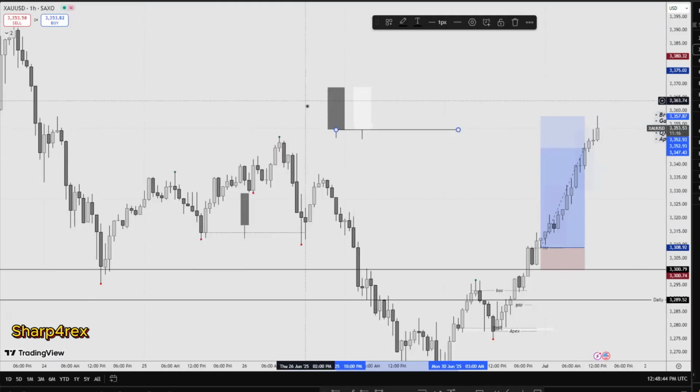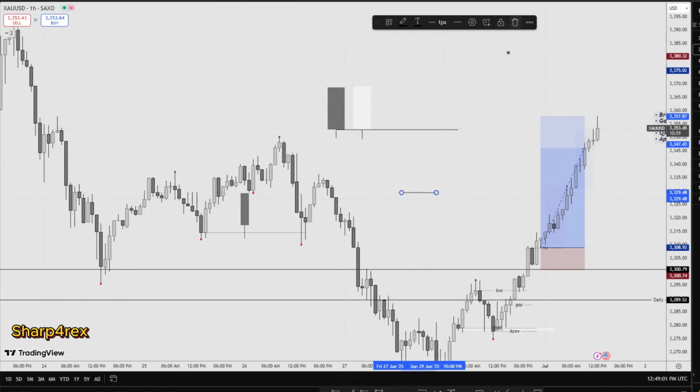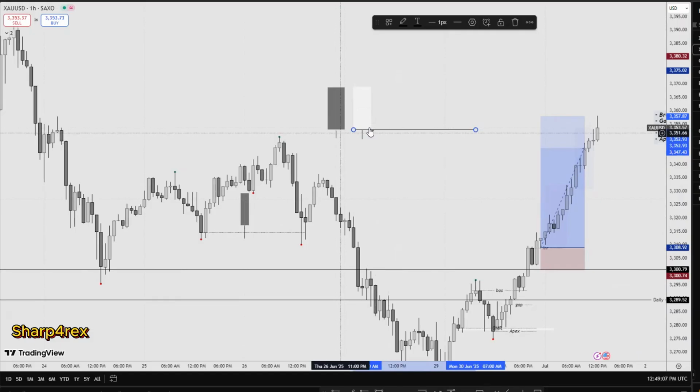So if it was the other way around, if this was a buy and this was a sell, it would have been an A level. And if it was an A level, use here the end of it, the buy. Don't use your level to be the opening. It should be the close of the previous candle.